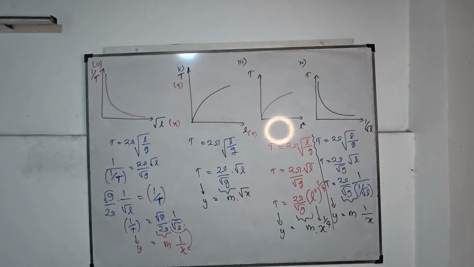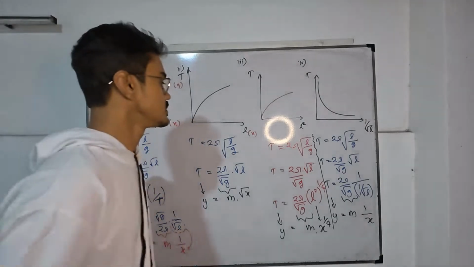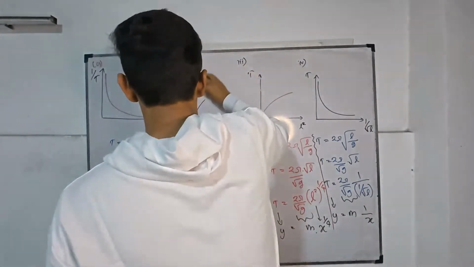Next one. 1 over t with 1 over root L. Okay, I'll erase this.